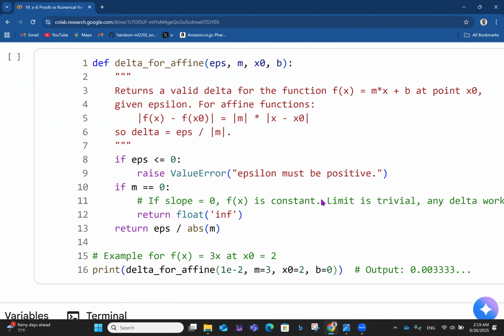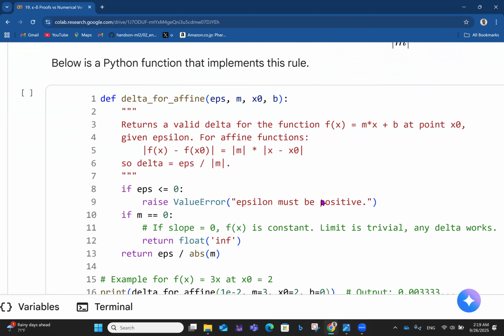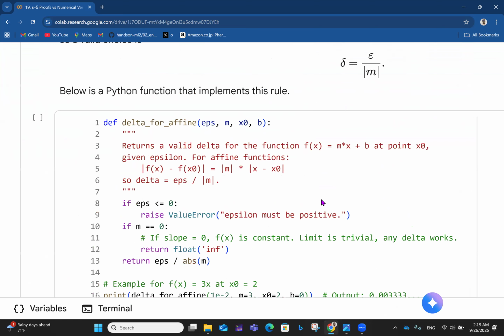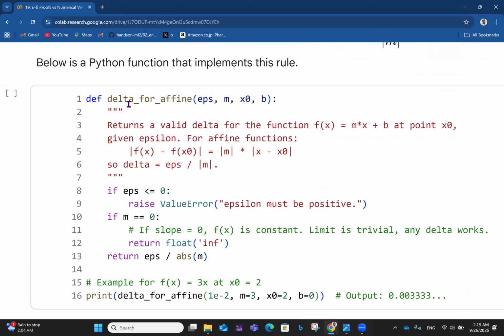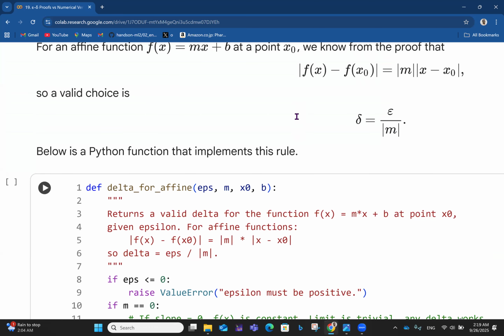So what are we simply doing here? We define a function, delta for affine. It takes the value of epsilon and then it takes m. Of course, m is the thing we factorize out to get x minus x naught inside here.